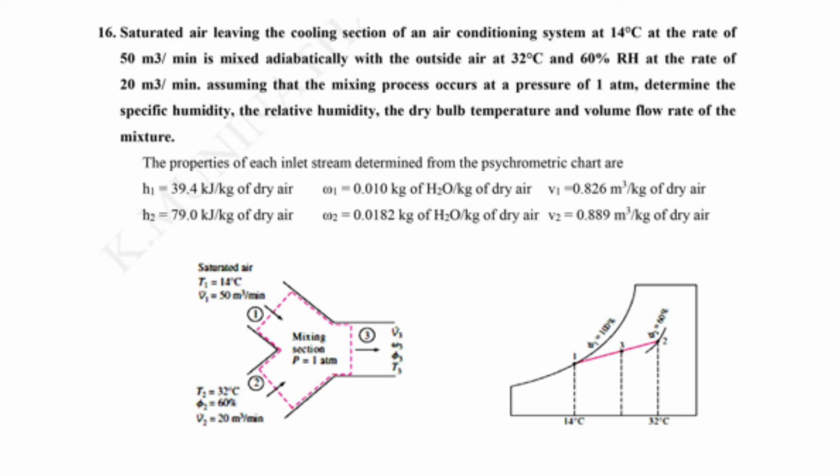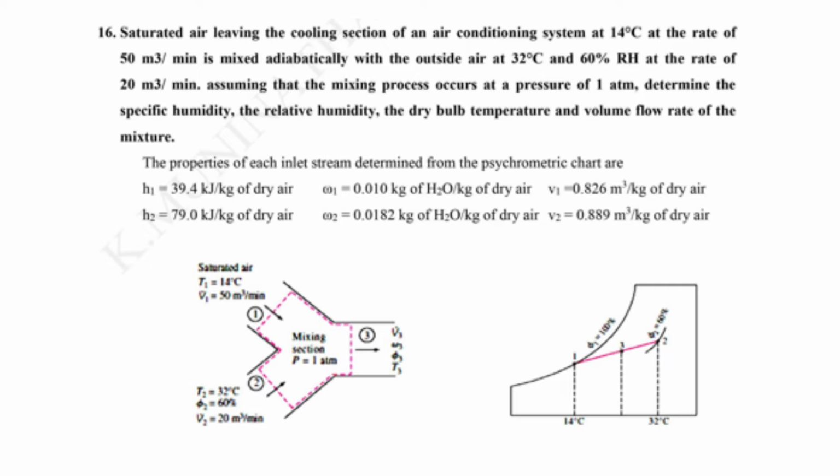The saturated air leaving the cooling section of an air conditioning system at 14 degrees Celsius at the rate of 50 cubic meters per minute is mixed adiabatically with the outside air at 32 degrees Celsius and 60% relative humidity at the rate of 20 cubic meters per minute, assuming that the mixing process occurs at a pressure of 1 atmosphere. Here, the properties of each inlet stream are determined from the psychrometric chart.